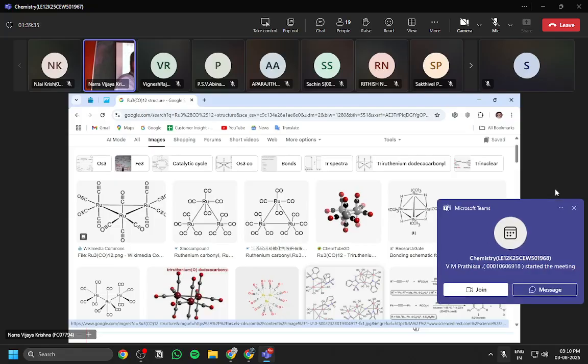H2 tungsten complex, I think. What is that? Next complex. Tungsten or chromium complex? H2Cr(CO)5.